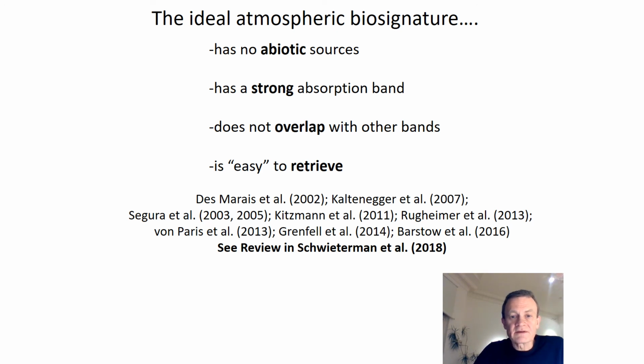So the band does not overlap with other bands, so it's a single band and you can attribute it to a single species, ideally. And you have to retrieve the band. You get spectral data, and you have to retrieve it and convert that into pressure and temperature and composition, so it should be easy to retrieve. At the bottom here, there's a nice review on atmospheric biosignatures by Eddie Schwieterman in 2018.